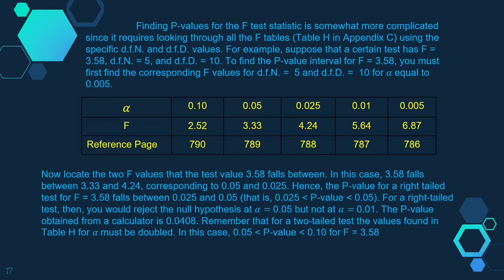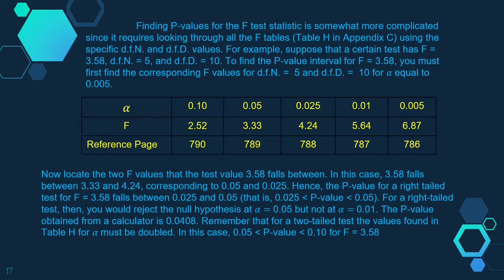Hence, the p-value for a right-tailed test for F equal to 3.58 falls between 0.025 and 0.05. That is, 0.025 is less than p-value less than 0.05. For a right-tailed test, you would reject the null hypothesis at alpha equal to 0.05, but not at alpha equal to 0.01.